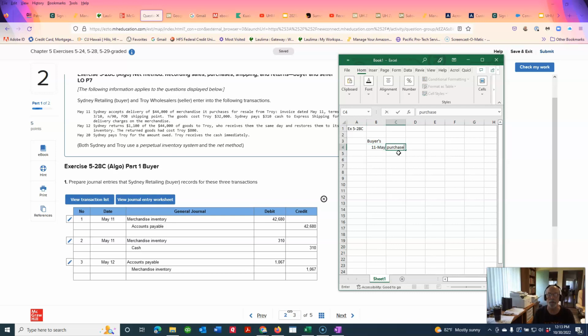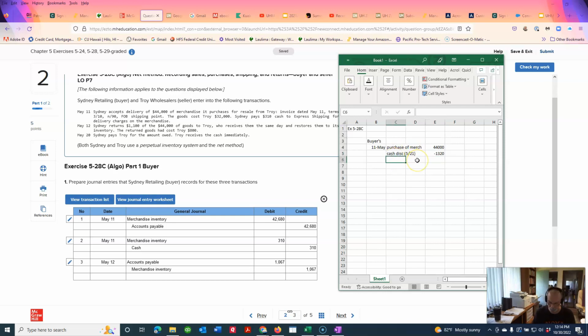We have a purchase of merchandise, $44,000. And our cash discount, if paid by 10 days from May 11, which is May 21, is $1,320.